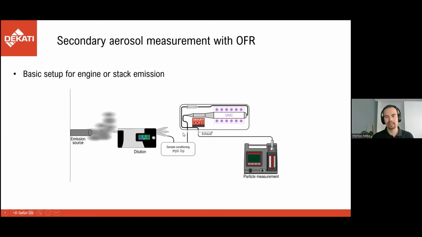And after that, the sample can go through the reactor, and then we can monitor the produced secondary aerosol with, for example, LP+. LP+ is quite a good instrument for this, especially for the potential aerosol mass or the different mass evaluation.